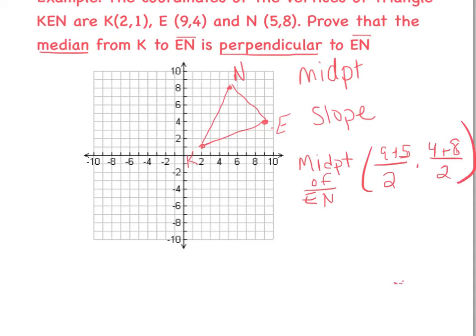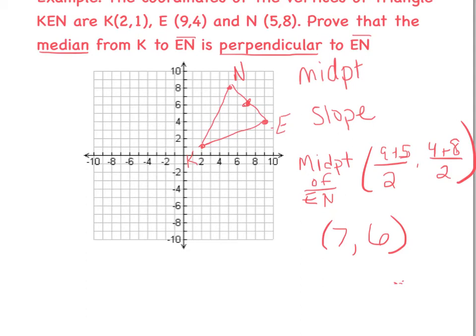So we get the midpoint is (7, 6). Now I'm going to plot this point, (7, 6), on my graph. Of course, I didn't use a ruler, so it's not so great. But that's okay. For this example, it works. You will be using a straight edge for it.